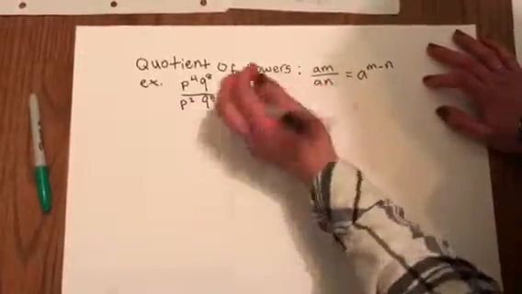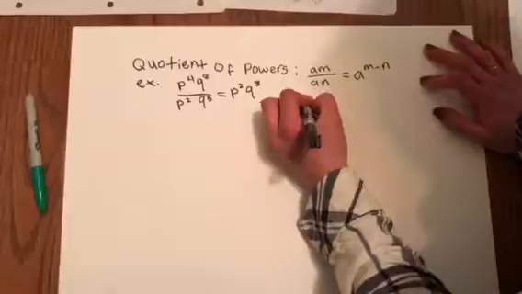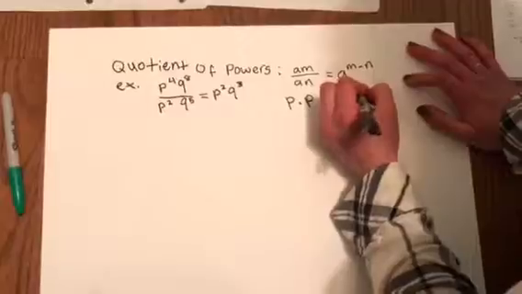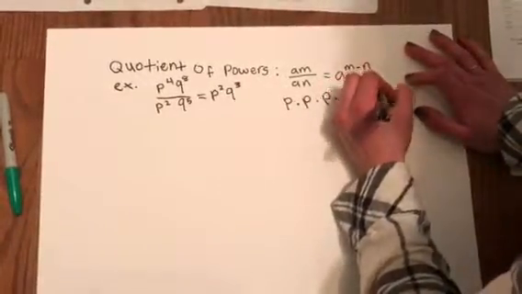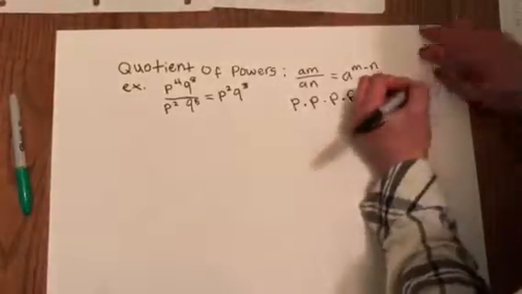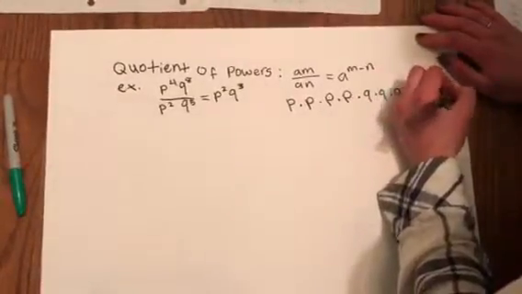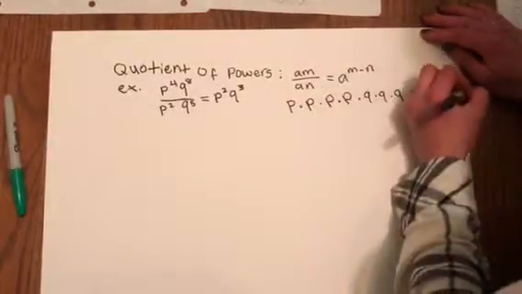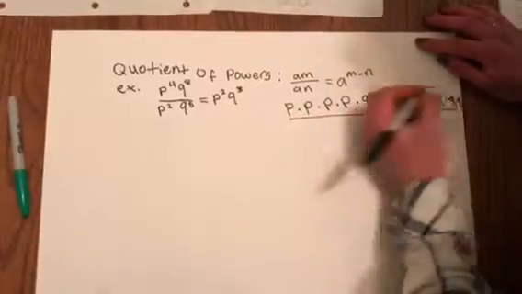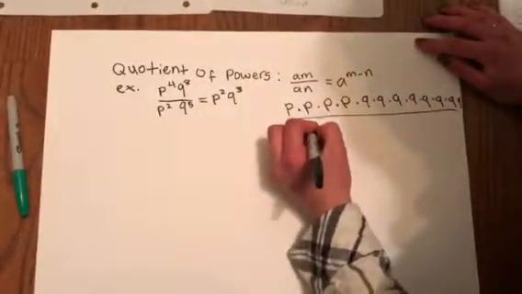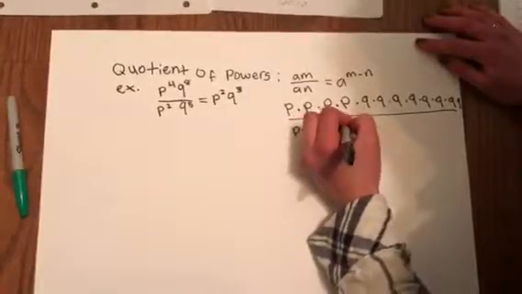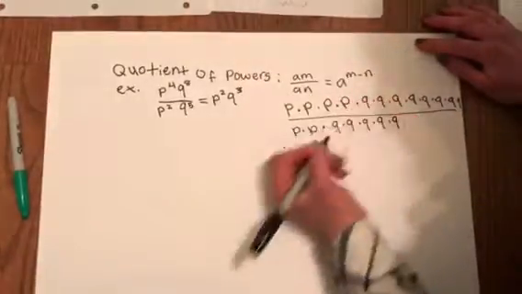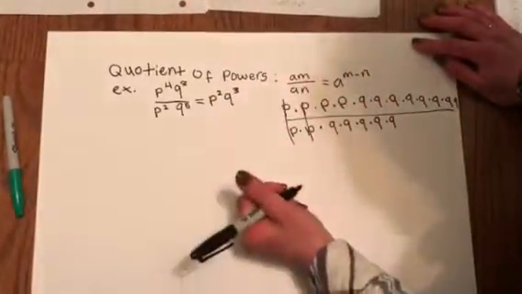So if you expand on this, you will do P times P times P times P times Q times Q times Q and so on, and then you do a line, and then over. Okay, so then you can cross these two out.